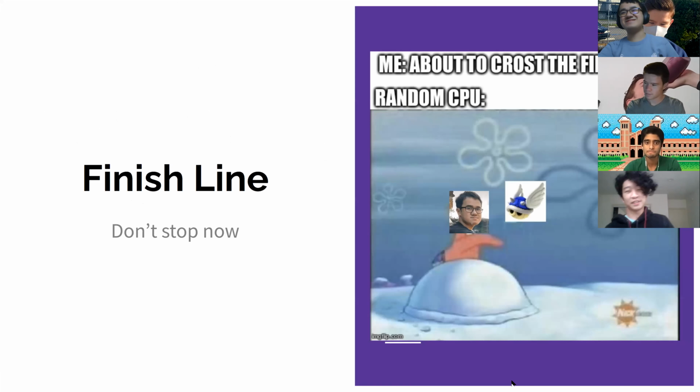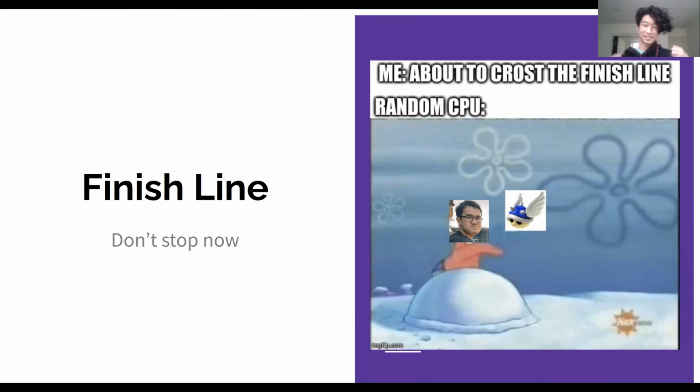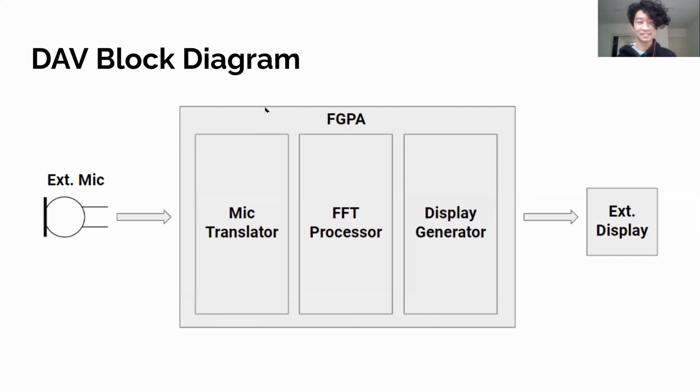All right, guys. We just wanted to use this lecture to make sure you all know where you should be going with your projects towards the end of the year. First of all, just to make sure we all know where we're headed, here's a block diagram for DAV. This is what you should have.